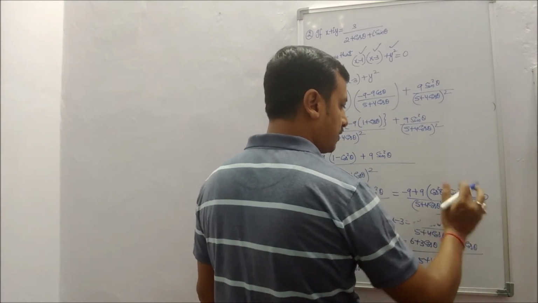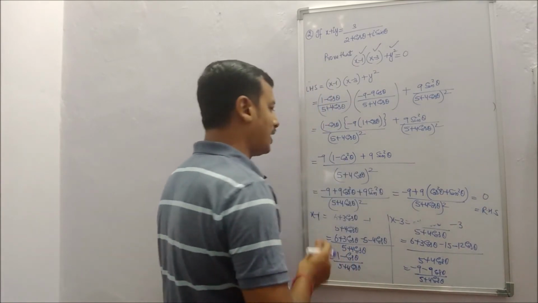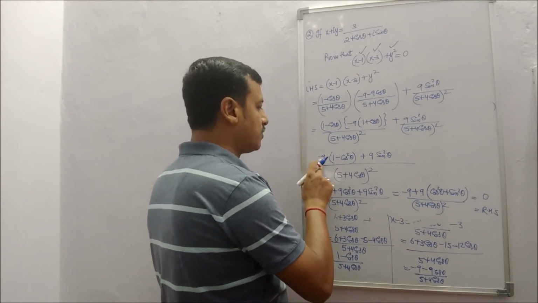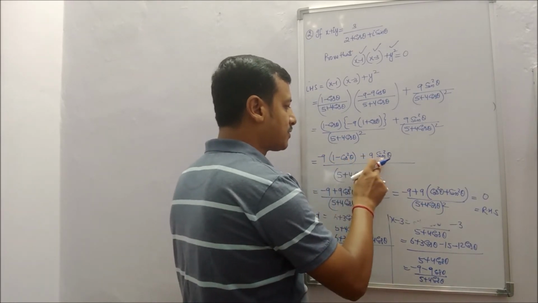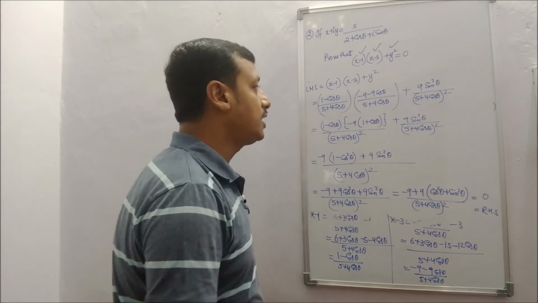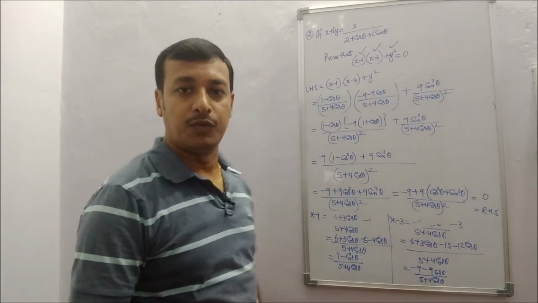Divided by this is equal to 0, is equal to RHS. Or we can simply write 1 minus cos square theta is equal to sin square theta. So minus sin square theta plus sin square theta is equal to 0. 0 divided by (5 plus 4 cos theta) square is equal to 0. So LHS is equal to RHS, verified or proved.